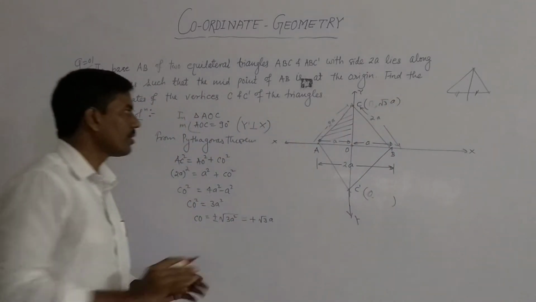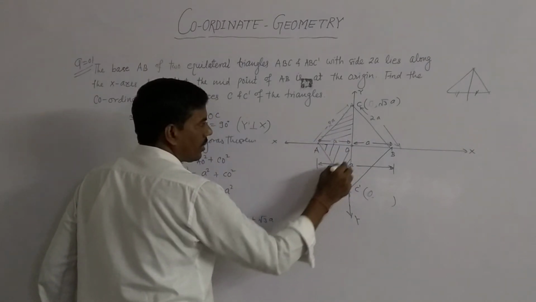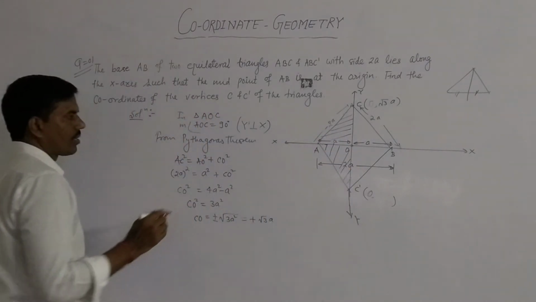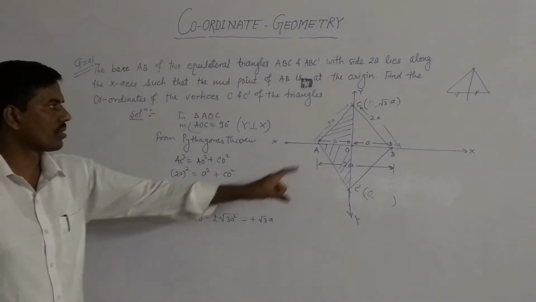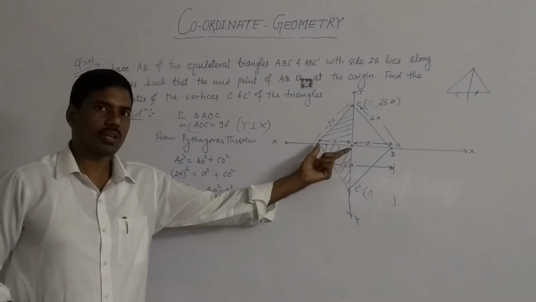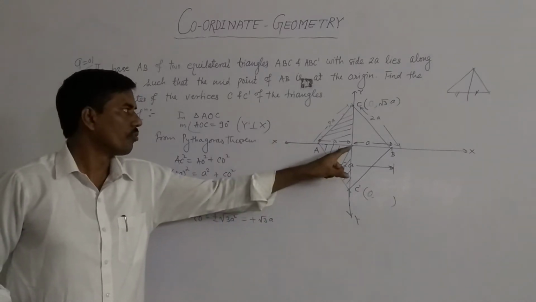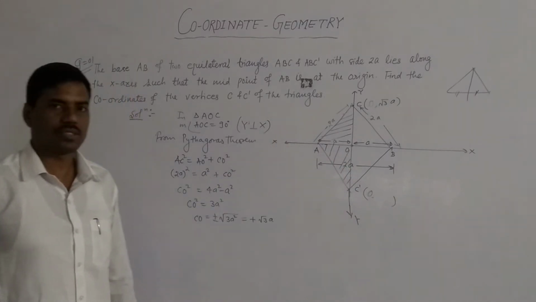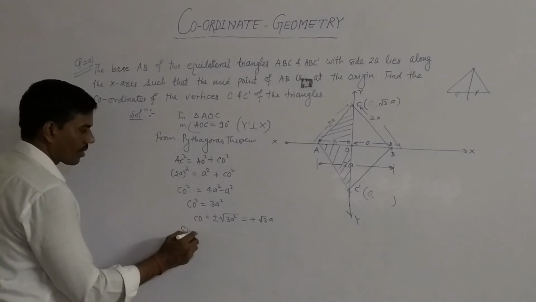Similarly, in triangle AOC dash, AC dash is also 2a and AO is also a, so we can calculate OC dash.